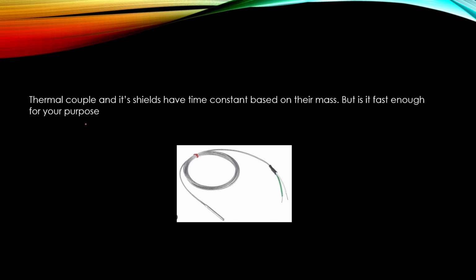If you are measuring a temperature which is constant, it's totally different compared to the case in which your measured temperature is changing. If it is changing, you need to think, is your measuring instrument so fast that it can follow those changes?